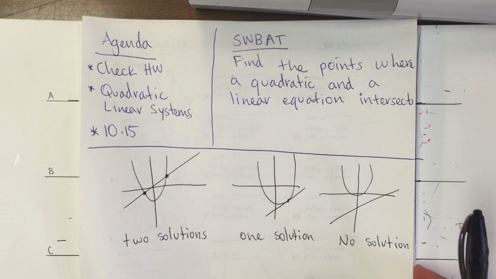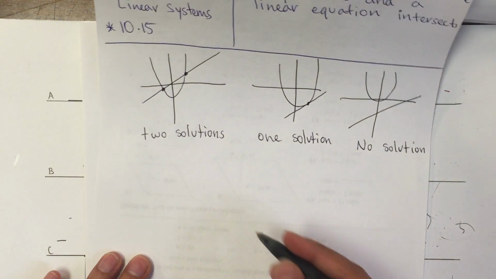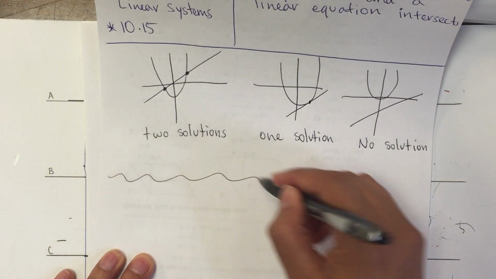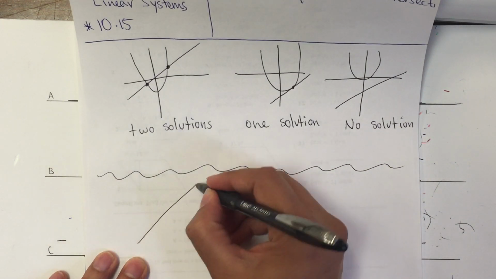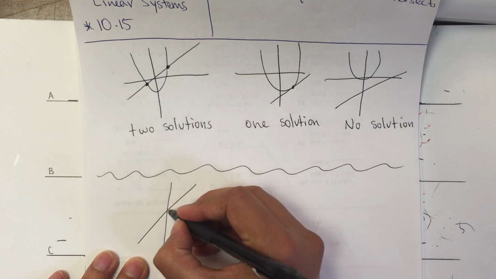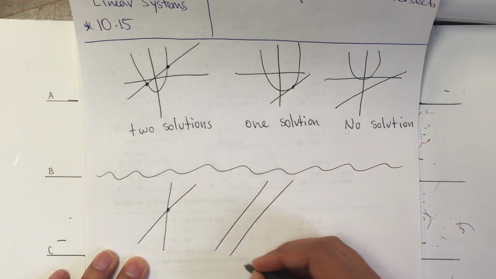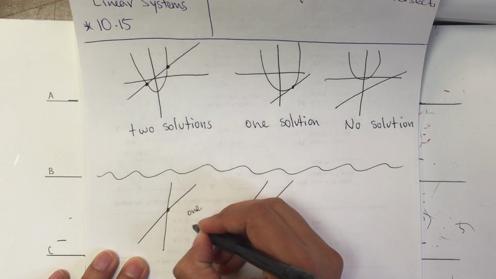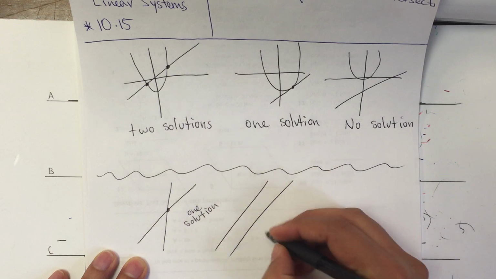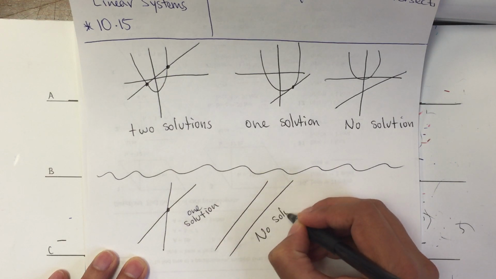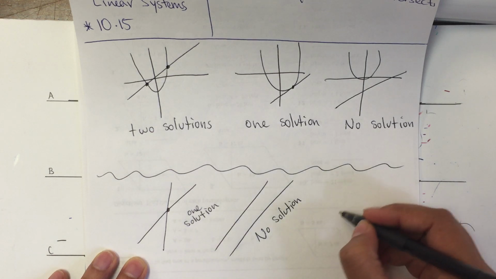So just to recall from quarter 2, we did system of equations, but it was only system of linear equations, and I don't know if you remember, but we used to have one solution. So one solution, so meaning you would give me 1 point. No solution, that means that my 2 lines didn't intersect.